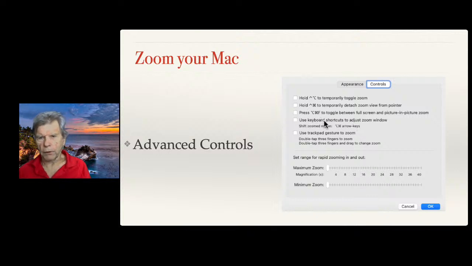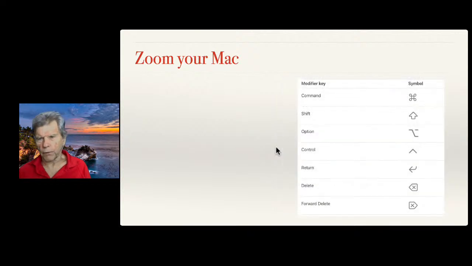Then you can use keyboard shortcuts to adjust the size of the zoom window, and you do that by using Option, Command, and the arrow keys. And then you can use the trackpad gesture for zoom. You double tap with 3 fingers to turn on zoom. You double tap with 3 fingers and drag to change the zoom. And then you can set down here your maximum magnification and your minimum. So lots of different ways you can customize this to make it work for you.